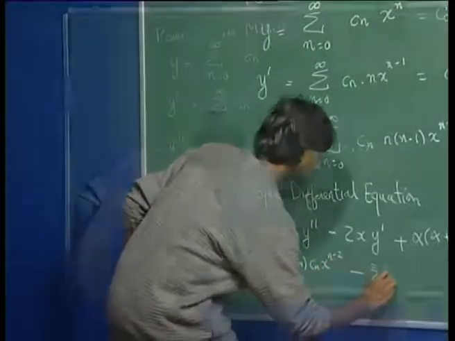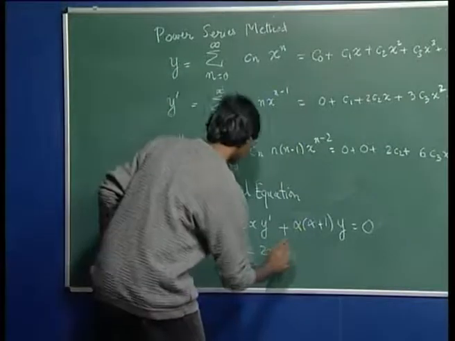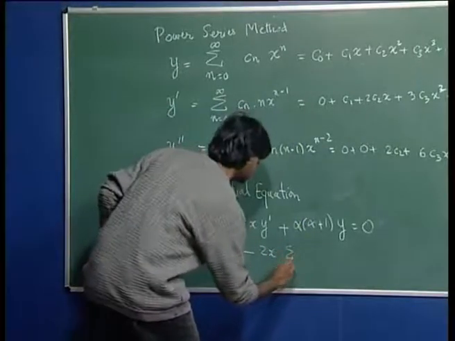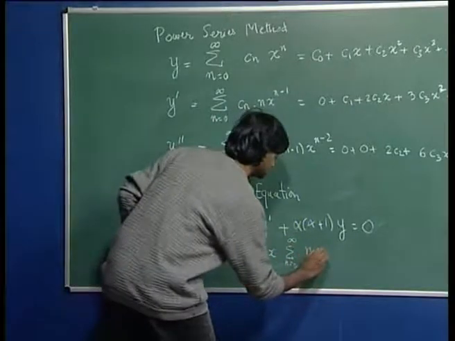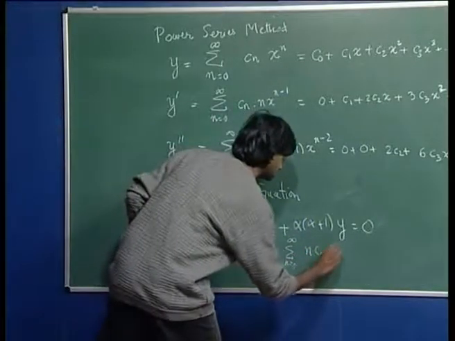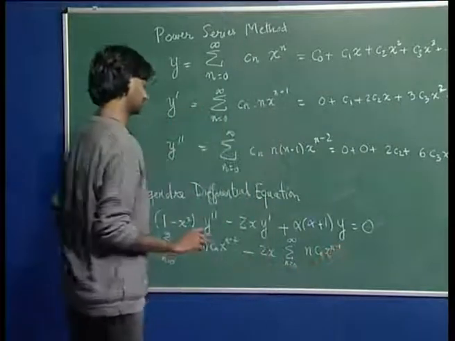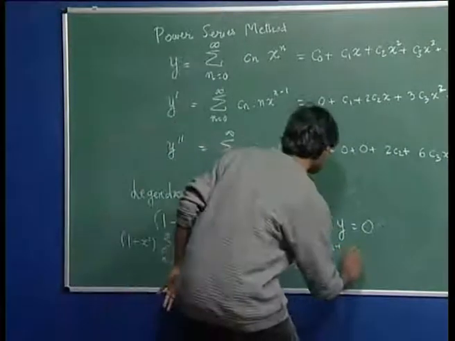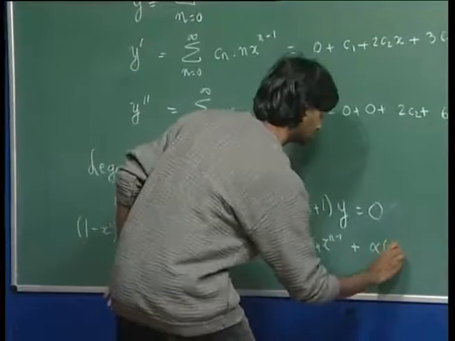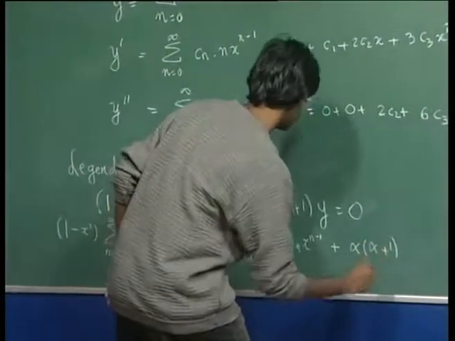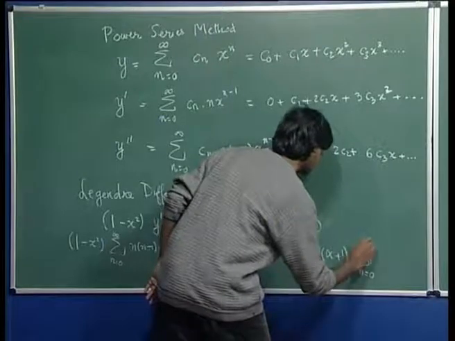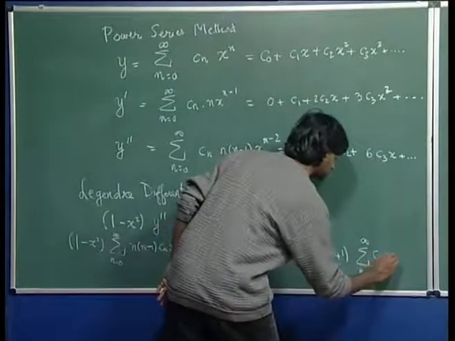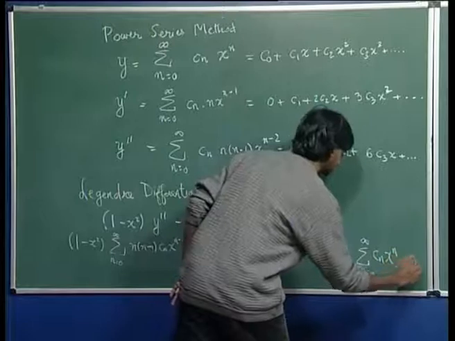Minus 2 x sum over n equal to 0 to infinity n C n x raised to n minus 1, plus alpha (alpha plus 1) sum over n equal to 0 to infinity C n x raised to n equal to 0.